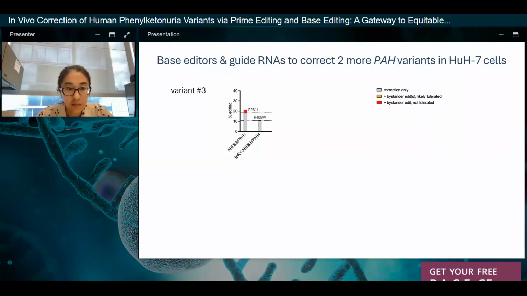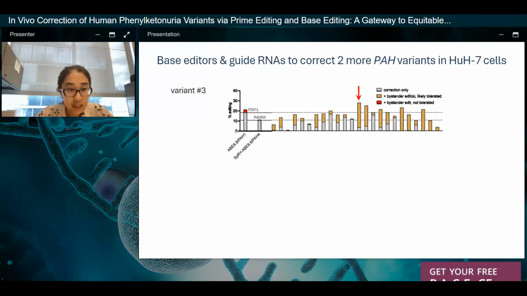Using this platform, we rapidly screened base editing solutions for 2 more PAH variants. We used the corrective editing of the P281L and R408W as standards, so any editor and guide RNA combination that can achieve the editing levels of the R408W variant would be predicted to work well in vivo.